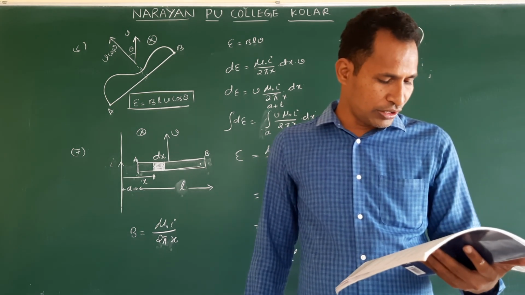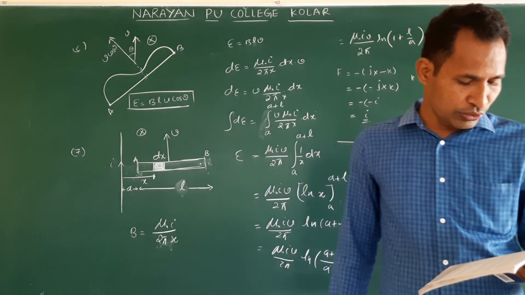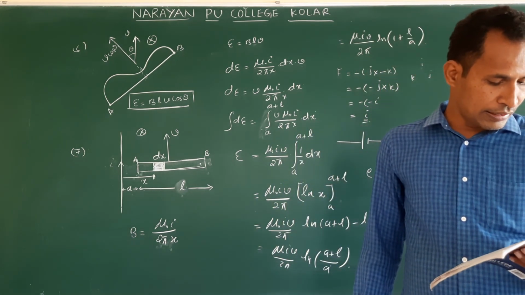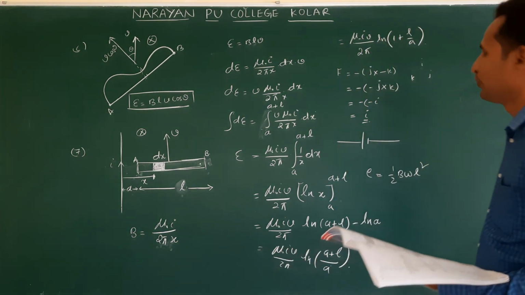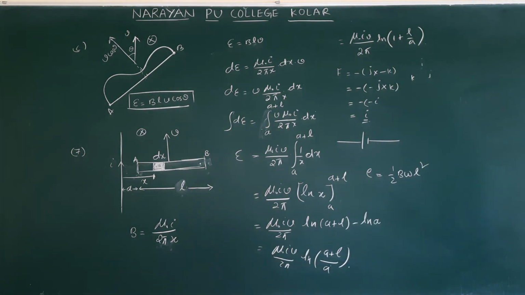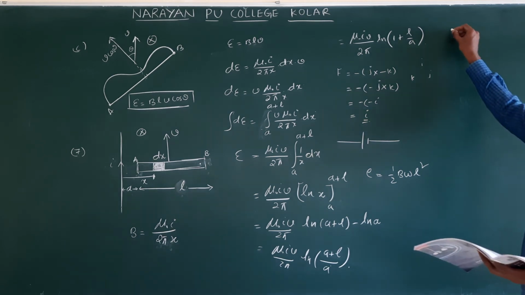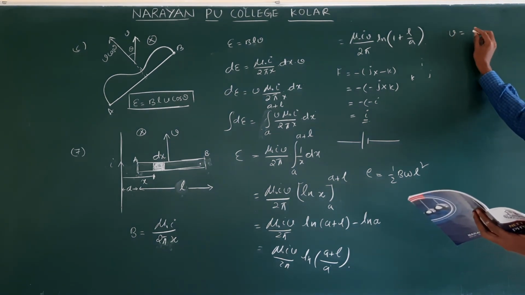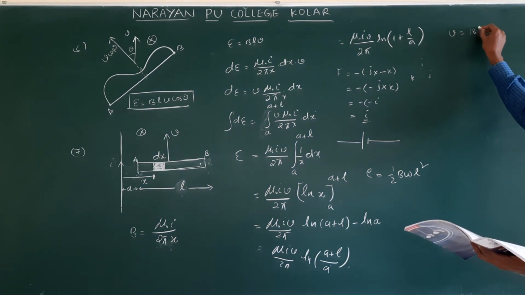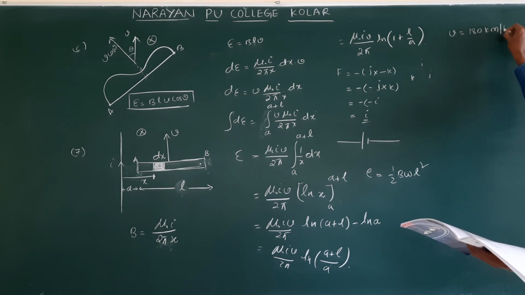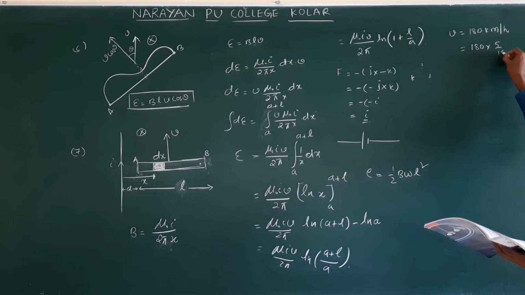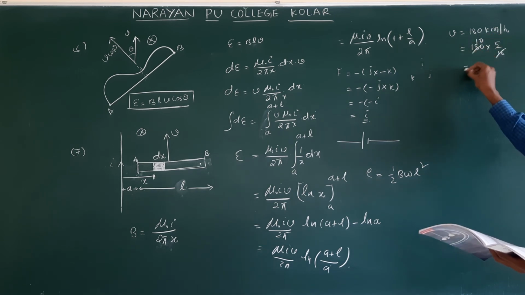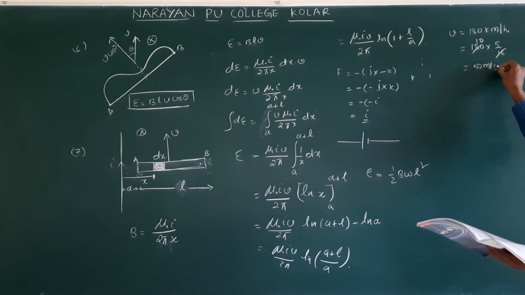The vertical component of Earth's magnetic field is 0.2 × 10⁻⁴ and the rails are separated by 1 meter. The question is very big but very simple. They are asking for the induced EMF, and everything is given. Velocity is 180 km per hour. Convert into meters per second: 180 × 5/18 = 50 meters per second.